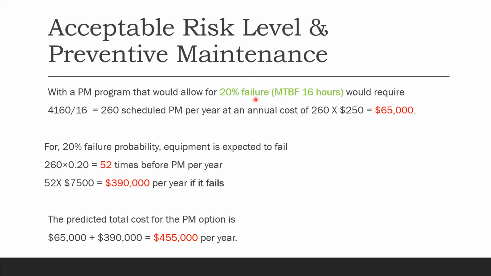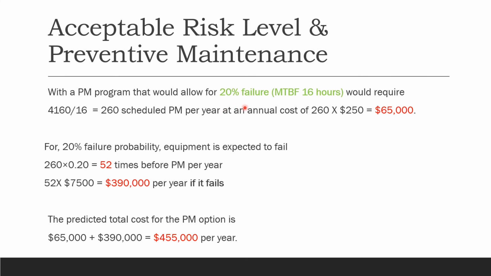So 20% failure, that's 80% reliability, is going to require 4,160 hours divided by 16, equal to 260 preventive maintenance runs a year. One time that you run, you're going to pay $250. 260 preventive maintenance routines in a year cost you only $65,000.